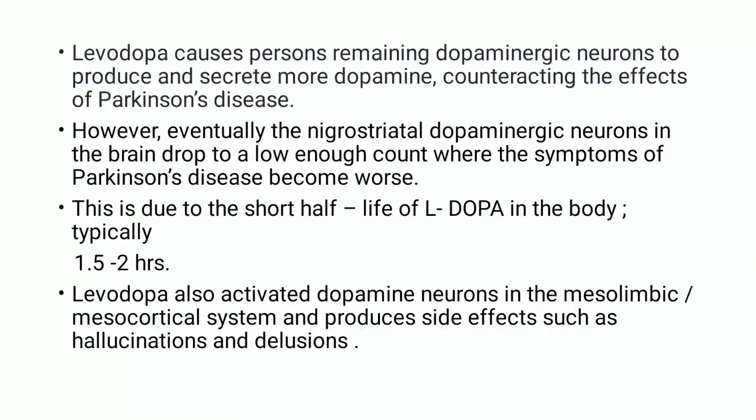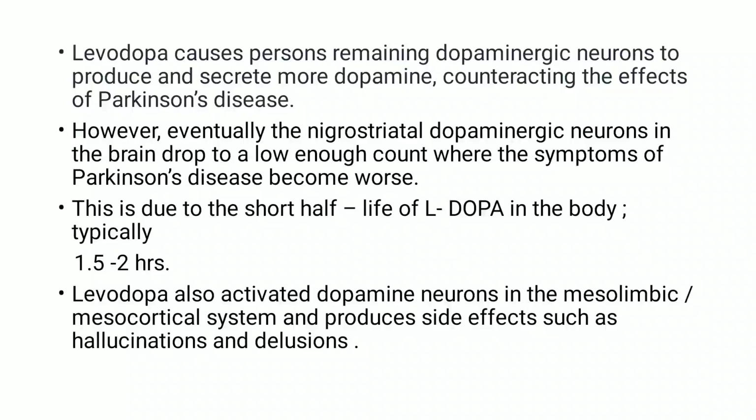This is due to the short half-life of LEVODOPA in the body, typically about 1.5 to 2 hours. LEVODOPA also activates dopamine neurons in the mesolimbic or mesocortical system and produces side effects such as hallucinations and delusions.